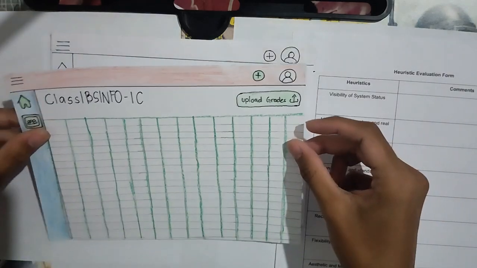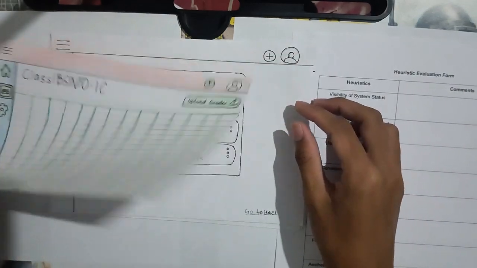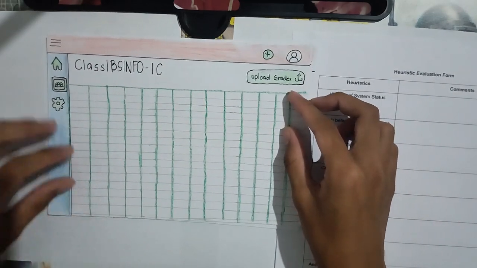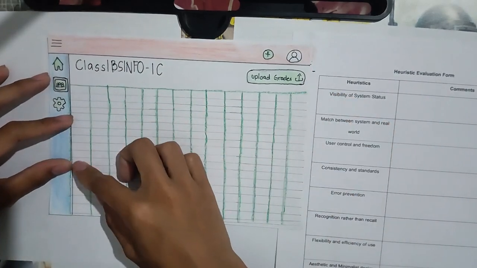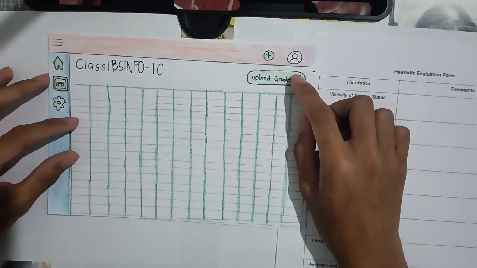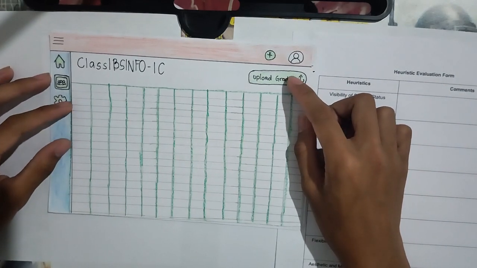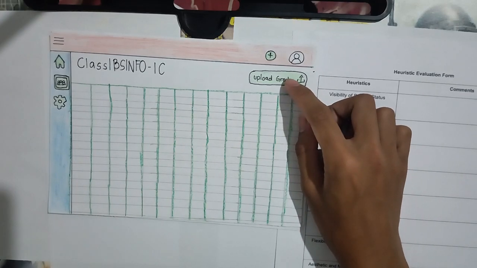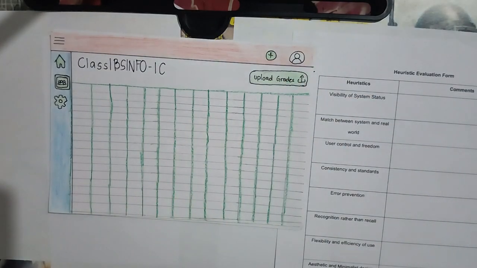The next one is this. If the teacher views the class of 1C, this is the list that will show, and they can upload the grades of the students here. I guess if they click this, they can edit the table.